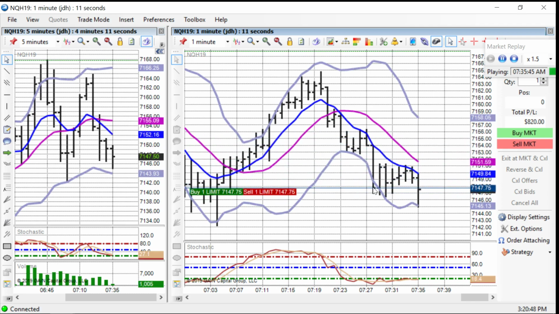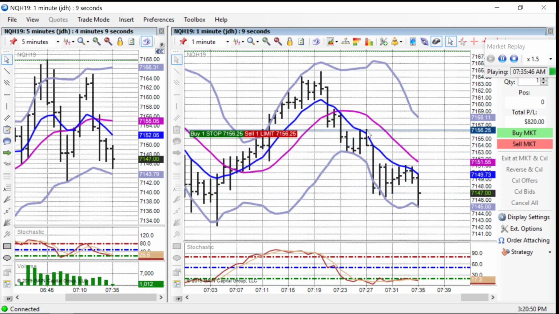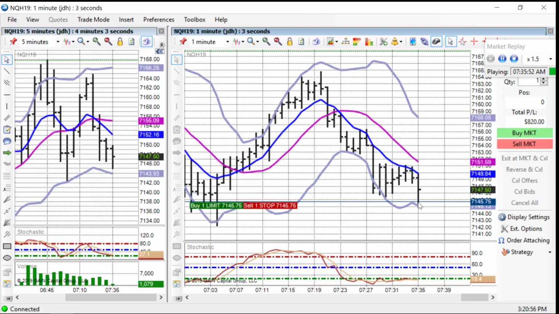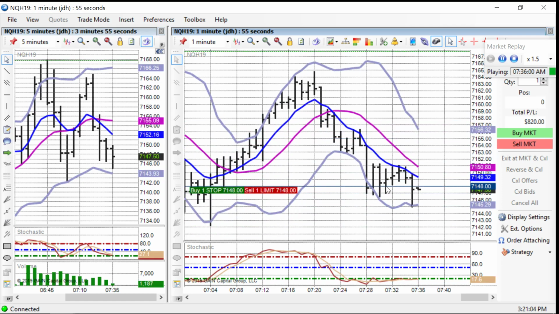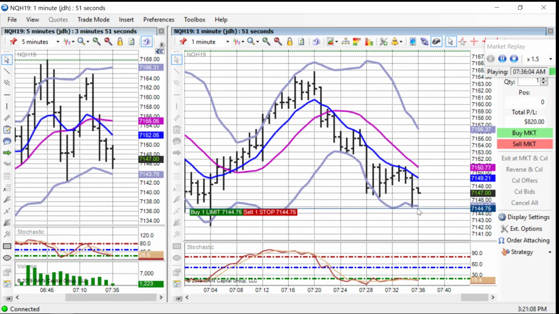The distance from this P3 point to this target is not the same as this P3 point to this target. You can see how it's failing to hit the, if there's symmetry, it's not symmetrical with the previous move. So that tells me the momentum's decreasing, and we could be looking at a reversal there.